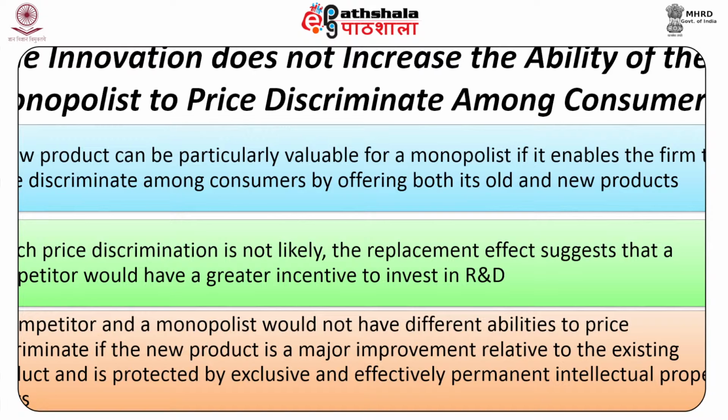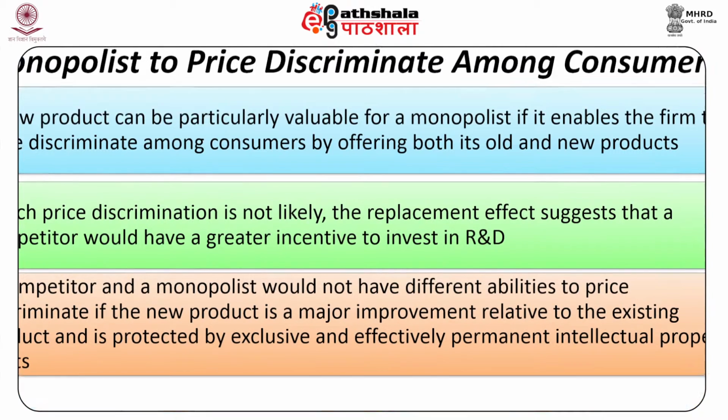If such price discrimination is not likely, the replacement effect suggests that the competitor would have a greater incentive to invest in R&D. A competitor and a monopolist would not have different abilities to price discriminate if the new product is a major improvement relative to the existing product and is protected by exclusive and effectively permanent intellectual property rights.